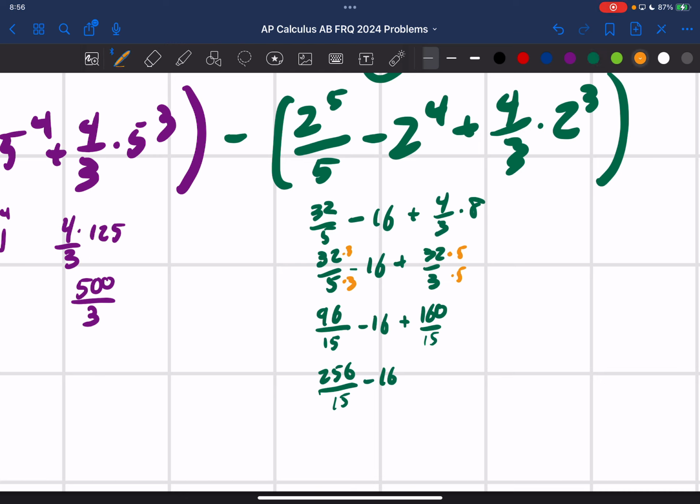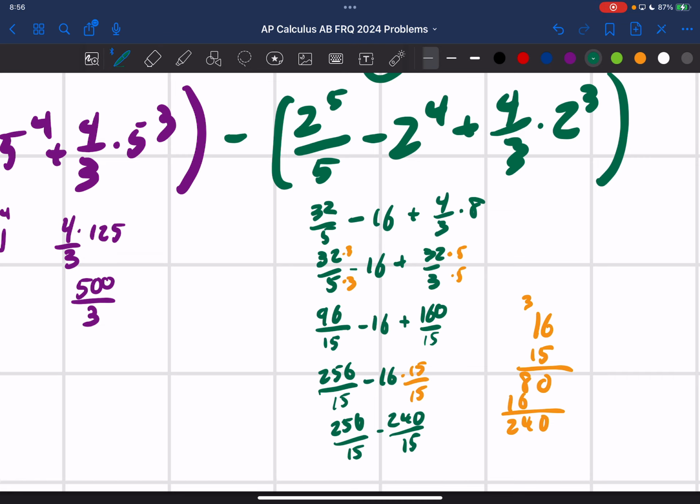So now, for 16, we're going to have to multiply by 15 over 15. So when I multiply that, I get 80 and 16, so that's 240. So we have 256 over 15 minus 240 over 15.